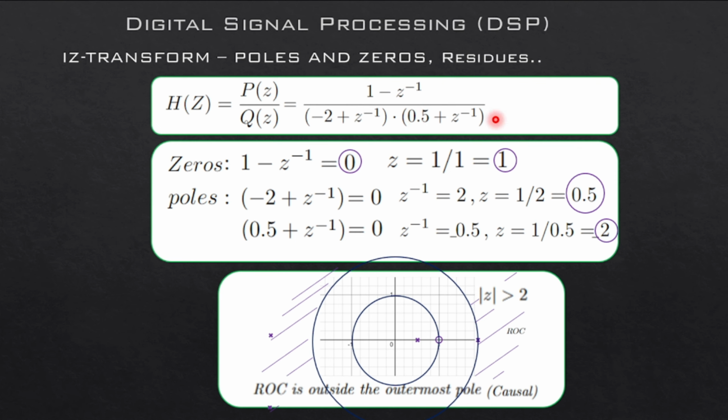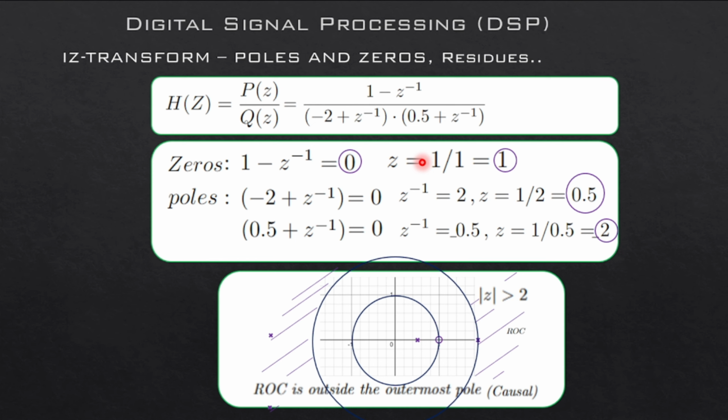Okay, let's calculate the zeros at first. Zeros are, again, the values for which P(z), or the numerator, becomes 0. So 1 minus z to the power minus 1 is equal to 0. Now, z to the power minus 1 is 1 over z, correct? We need z, not z to the power minus 1.